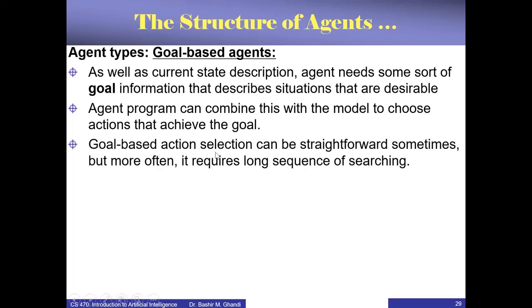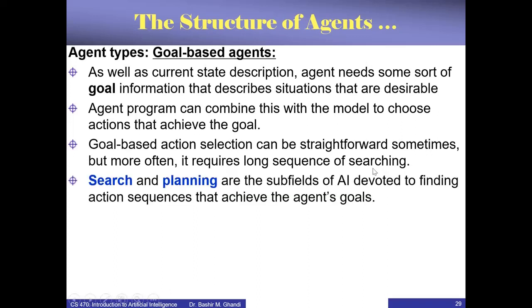So goal-based action selection can be straightforward sometimes, but more often than not, it actually requires a long sequence of searching. Therefore, searching and planning are the subfields of AI devoted to finding action sequences that achieve the agent's goal. We are dedicating 2 weeks to learning about searching in this course, and another week for learning about planning.